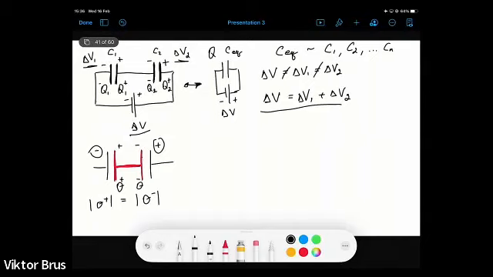That means that charges accumulated by each of these capacitors will be equal in the case of their series connection. So we can write that Q1 is equal to Q2, and instead we can use just some charge Q.